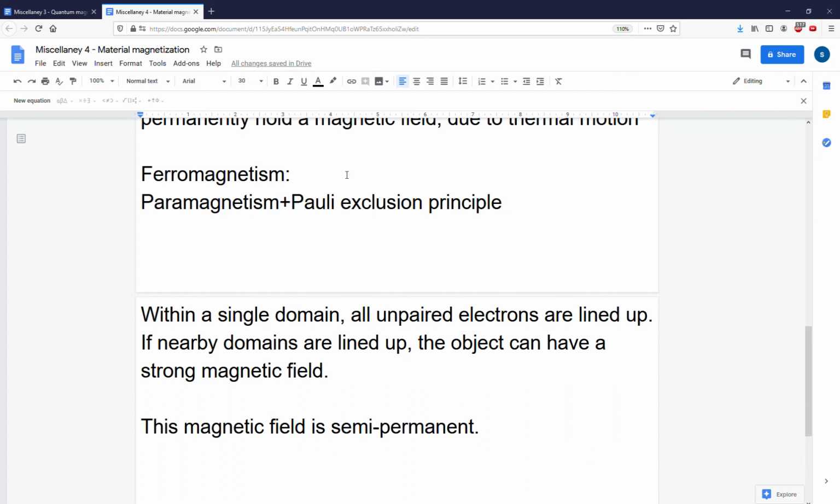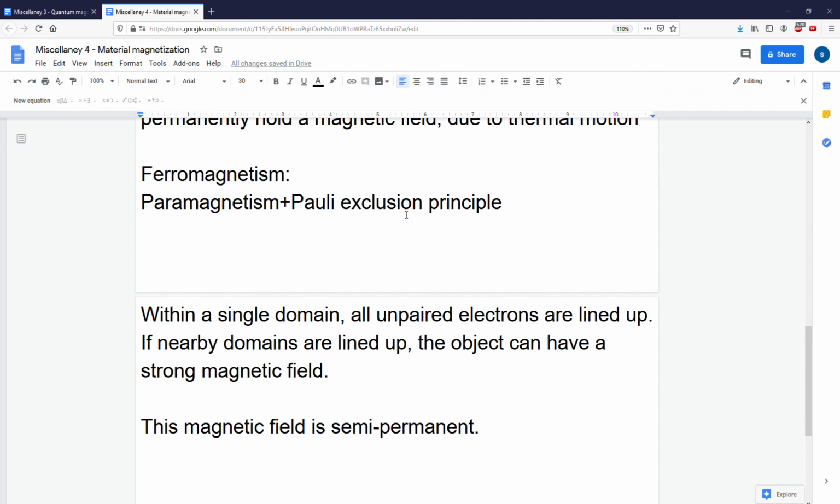Anyway, another property of the Pauli exclusion principle is that if you have, say, 2 iron atoms, and I'm going to use iron because it's the most well-known ferromagnetic material, but if you have 2 iron atoms in a crystal lattice, then the Pauli exclusion principle says that two unpaired electrons, one from each atom, will have to be farther apart if they are in the same spin direction, and closer together if they're in the opposite spin direction.